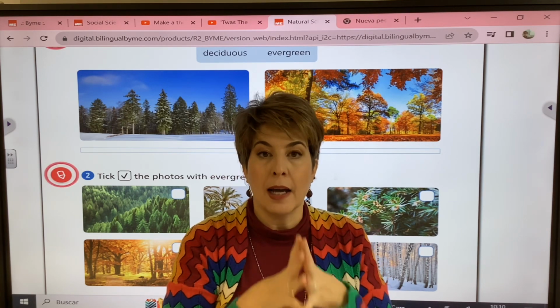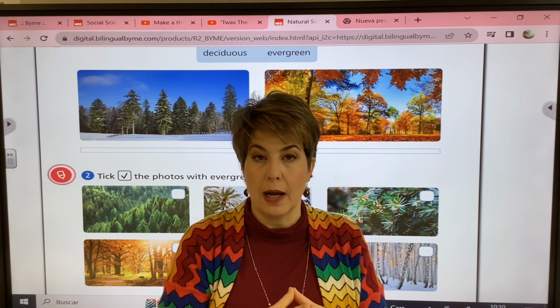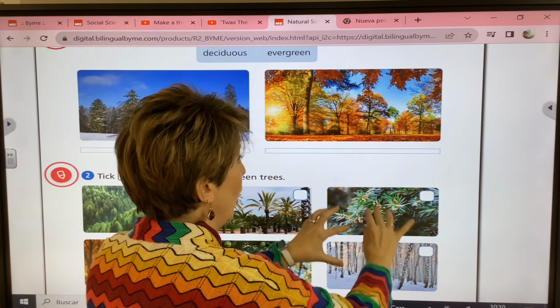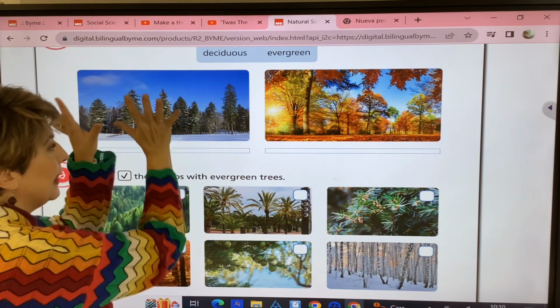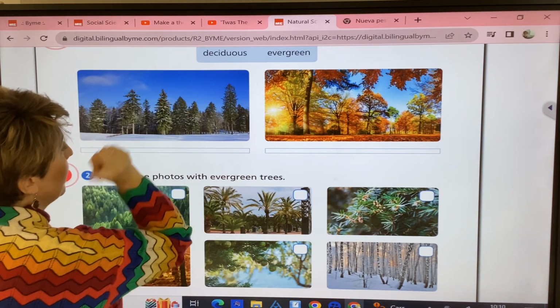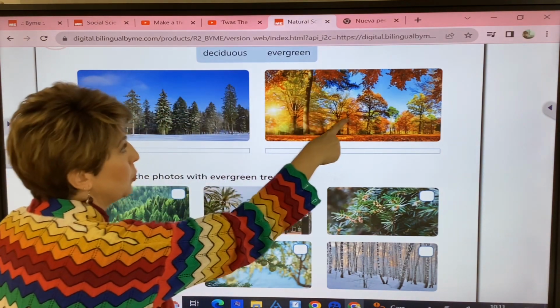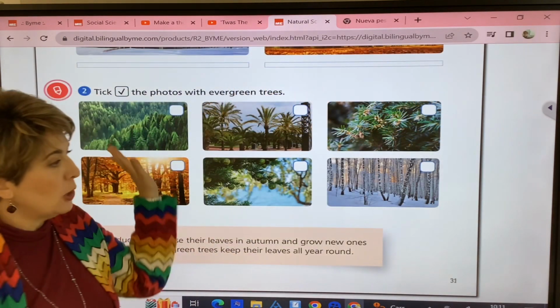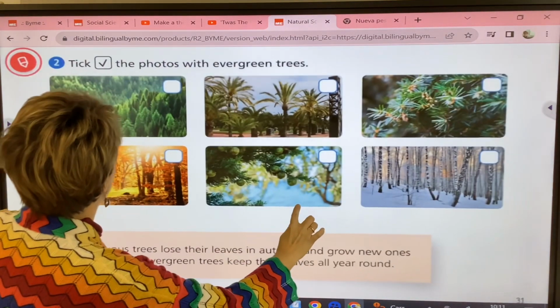Árboles de hoja caduca in Spanish. Deciduous, the leaves fall. Evergreen, the leaves never fall. Okay? So these are evergreen, deciduous. Evergreen, deciduous. The different trees that we have here.